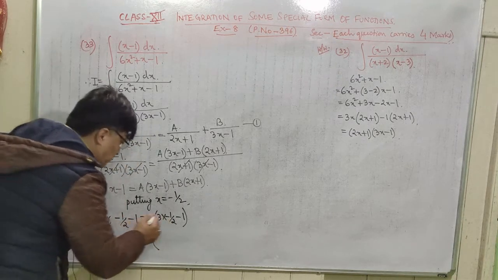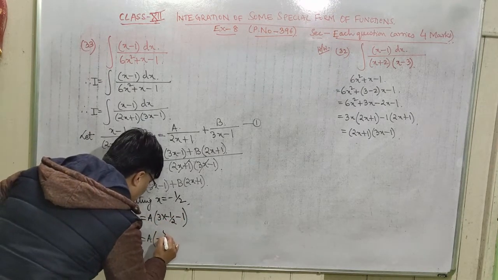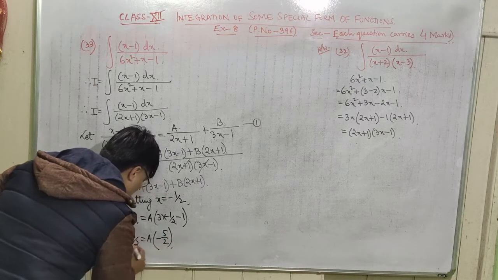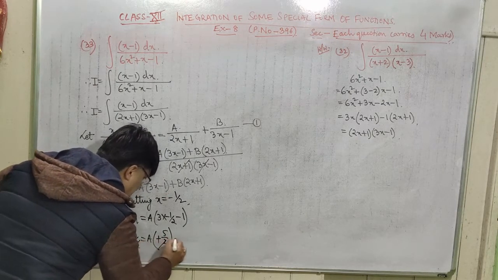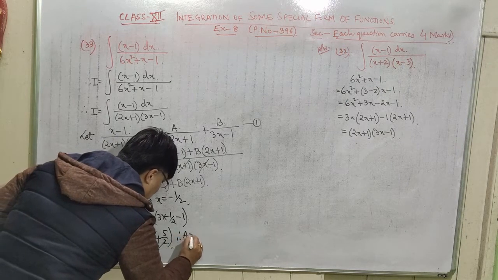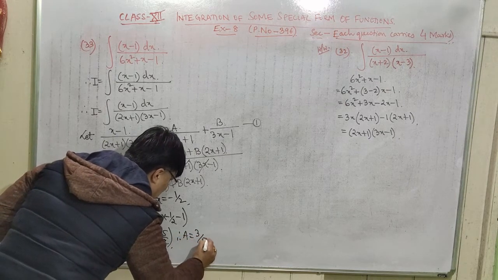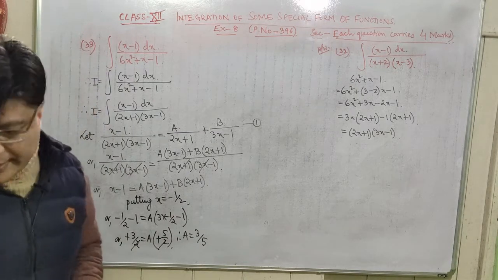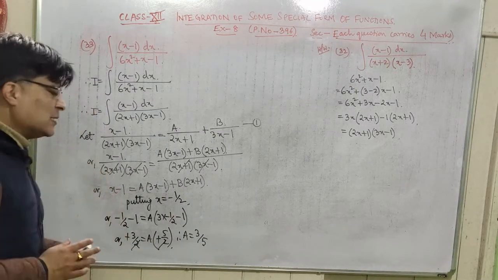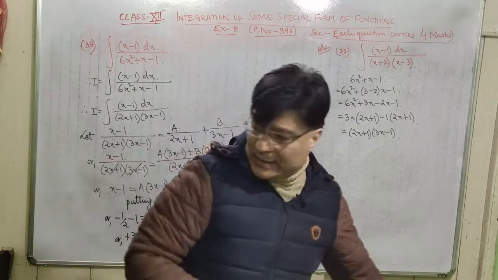Minus 3 minus 2, this is minus 5 by 2. So here this 2 gets cancelled, minus minus gets cancelled. So what is the value for capital A? Capital A is equal to 3 upon 5. We got the value for A as 3 by 5, right?